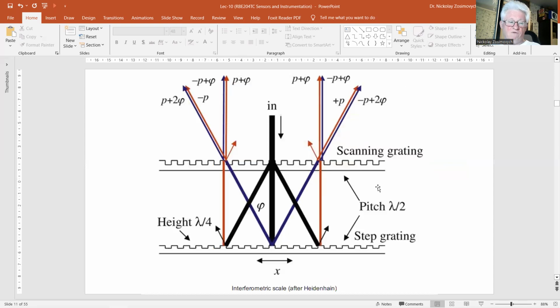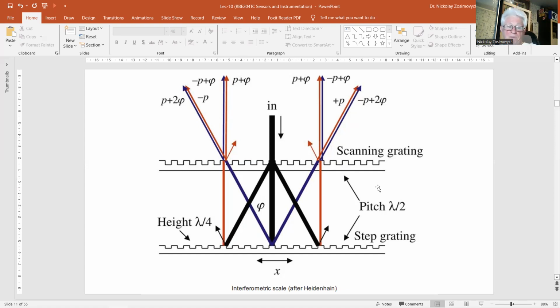When the pitch of an incremental encoder is made smaller, in the order of the wavelength, the light is diffracted at the grating. This effect is used to further increase the resolution of a linear encoder by combining it with interference. And this figure shows the basic principle of this interferometric encoder.